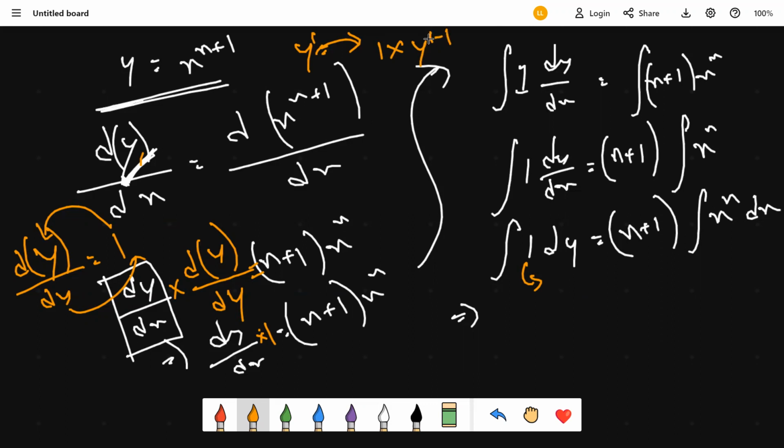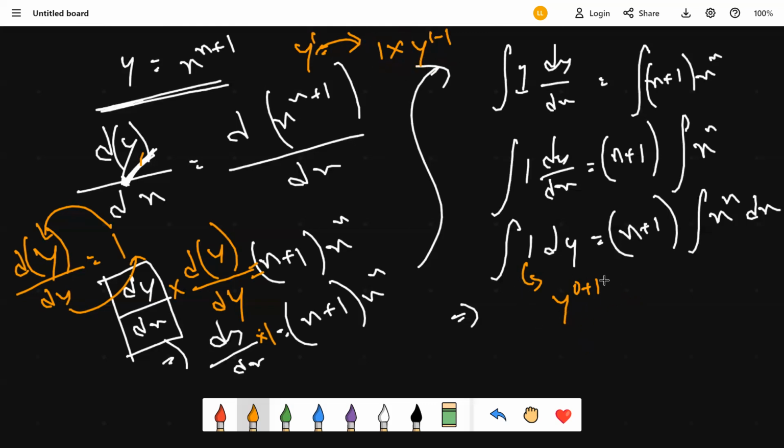Now, in order to get y to the power 1 back, we have to add 1 to the power of y to the power 0, isn't it? And we have 1 in front, so we have to divide that 1 by 1 so that it gets eliminated.